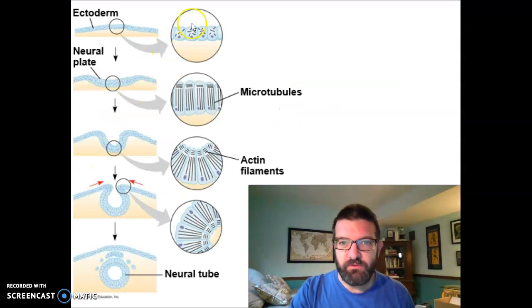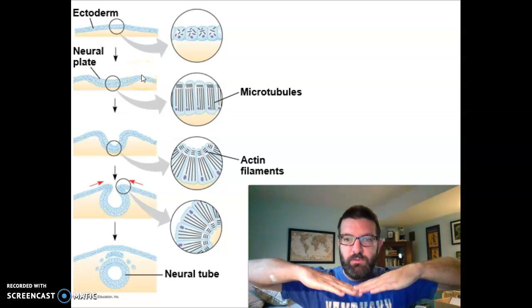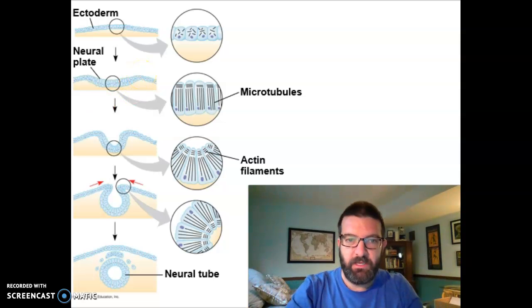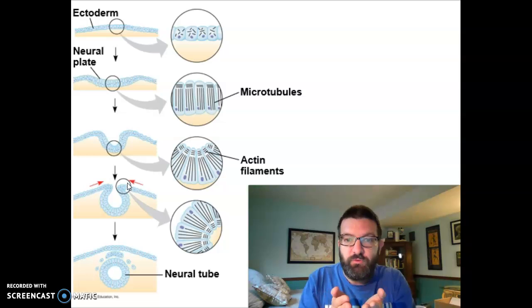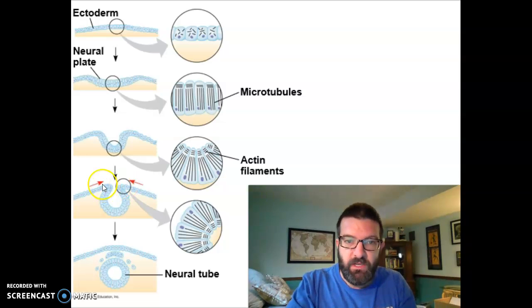For instance, if you look at these layers of cells, the cells right here have extensions of actin filaments that grow larger and larger, specifically in the middle and less so on the side, and that changes the relationship of these cells to these others, and it causes them to grow inward like this, and that forms this neural plate and ultimately the neural groove, and then ultimately it forms that tube. As you see this groove, these lips come together and form the neural tube, which will ultimately be the central nervous system. This all has to do with asymmetric growth of cytoskeletal elements within the cell.